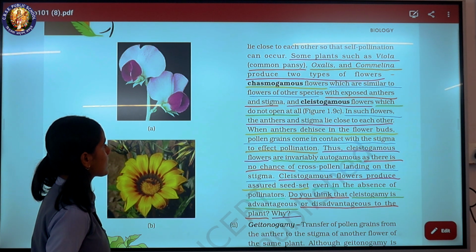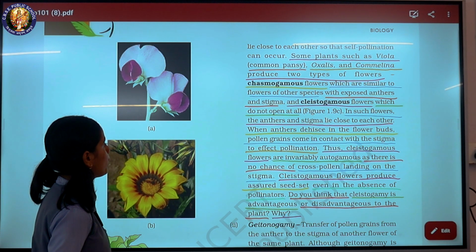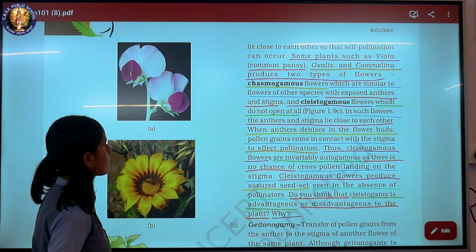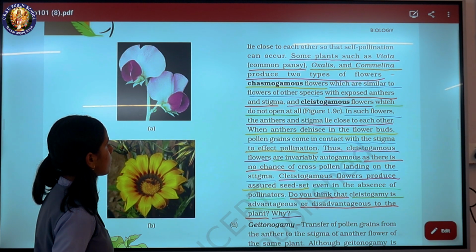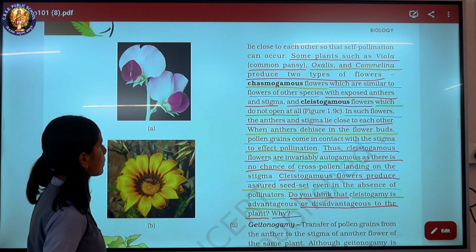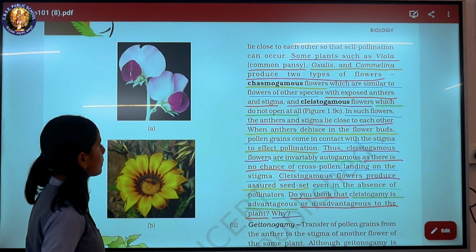When anthers dehisce in the flower buds, pollen grains come in contact with the stigma to effect pollination. Thus, cleistogamous flowers are invariably autogamous, as there is no chance of cross-pollen landing on the stigma.